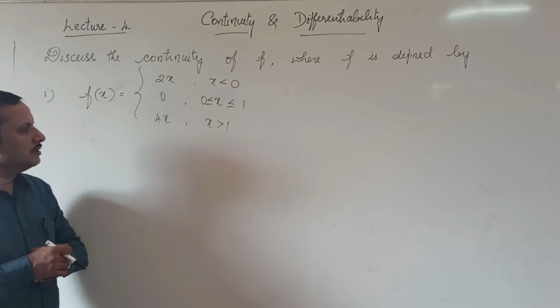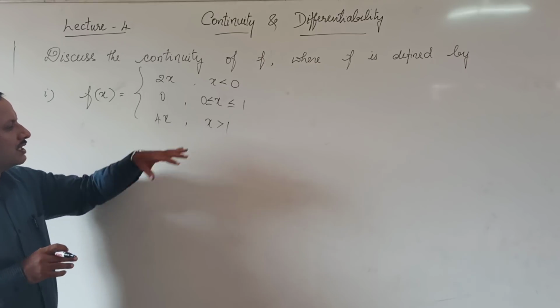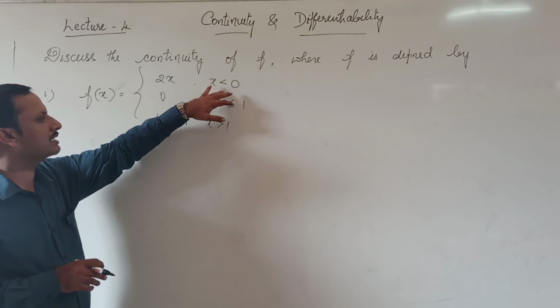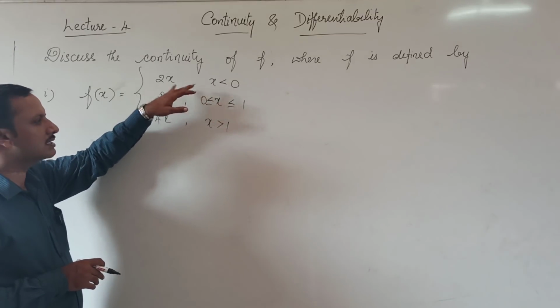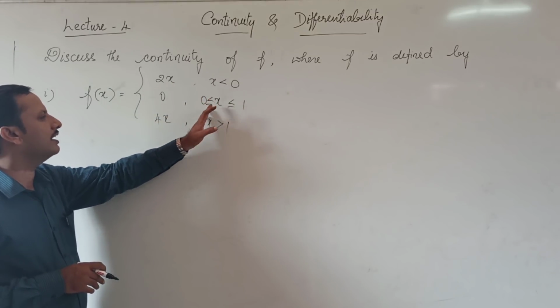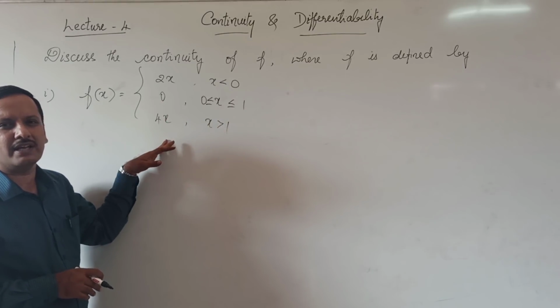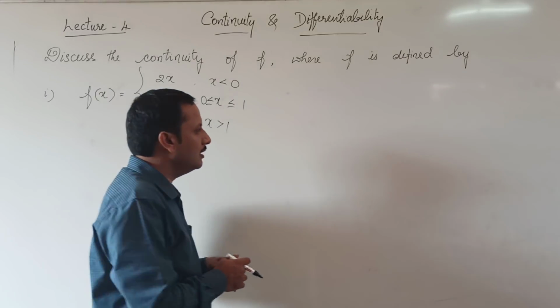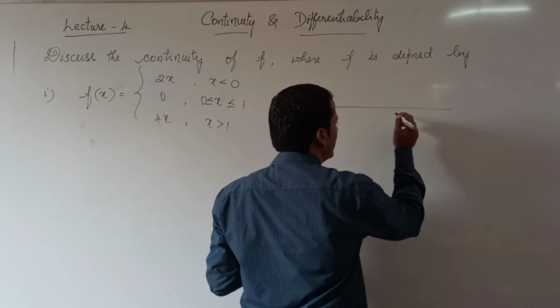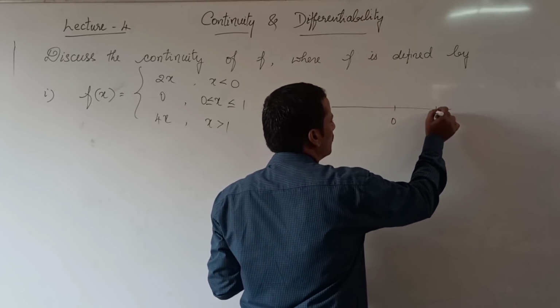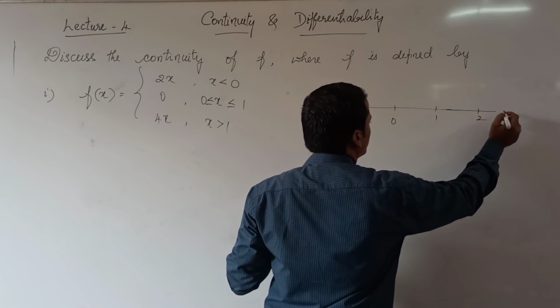Okay. So here the function is defined in three different ways. Whenever x is negative, it is defined as 2x. When x is between 0 and 1, it is defined as 0. When x is greater than 1, it is defined as 4x. Okay. So you just observe here. This is 0, 1, 2, 3, and so on.